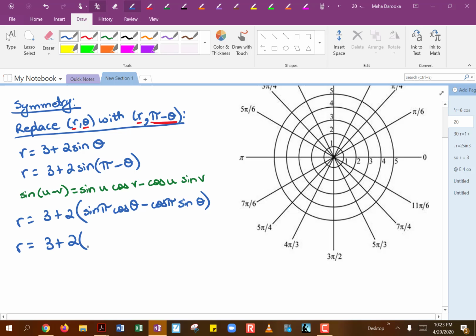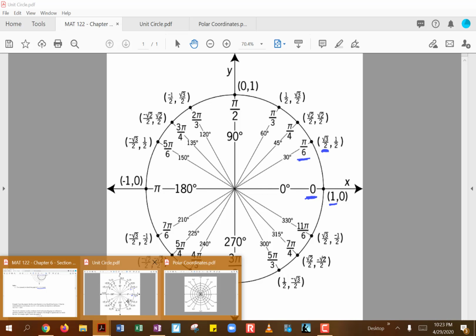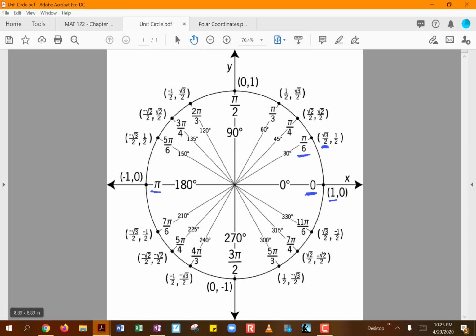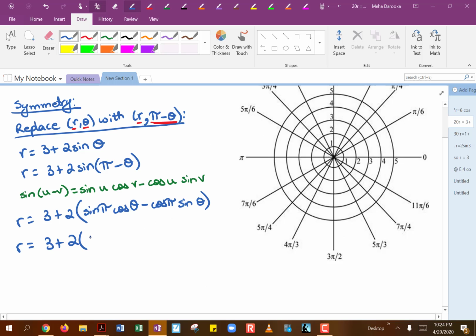So again, sine of pi and cosine of pi. We are looking at the angle pi, so cosine is -1 and sine is 0. So that will give us 0 times cosine theta minus -1 times sine of theta. So 0 times cosine of theta will become 0.